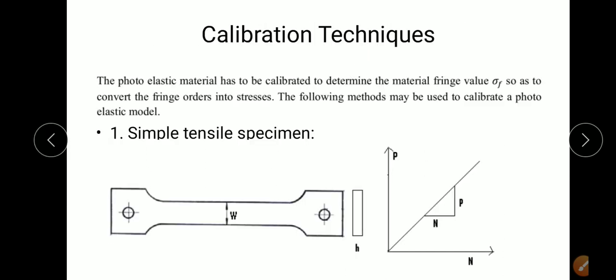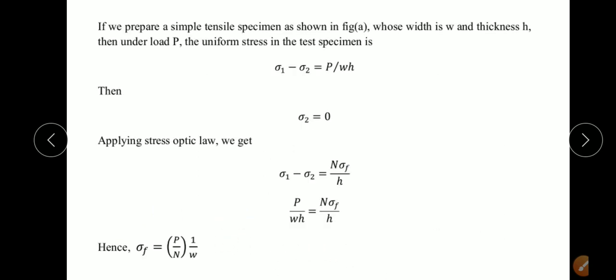The load applied is taken as capital P, and area is W into H, width into thickness. So sigma 1 minus sigma 2 is equal to P by W H.